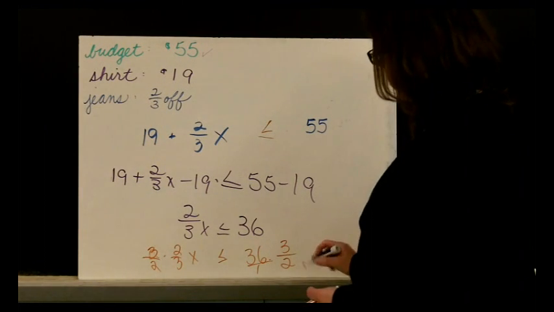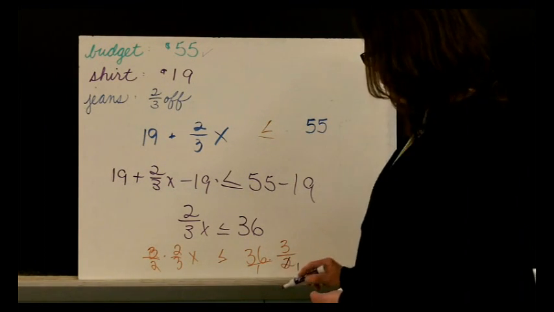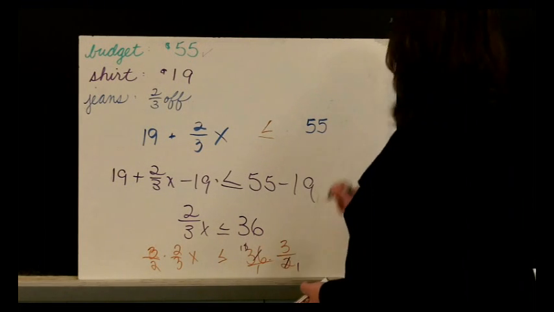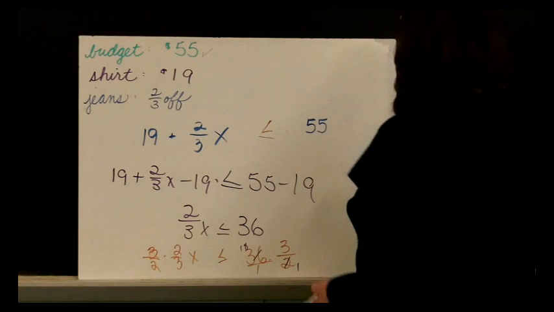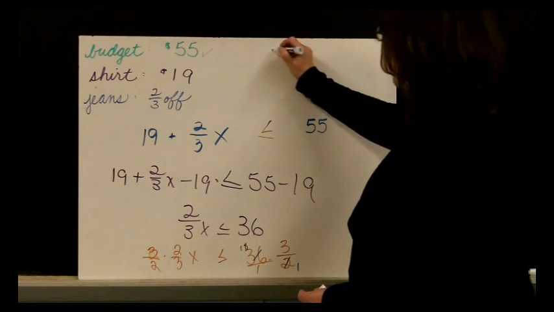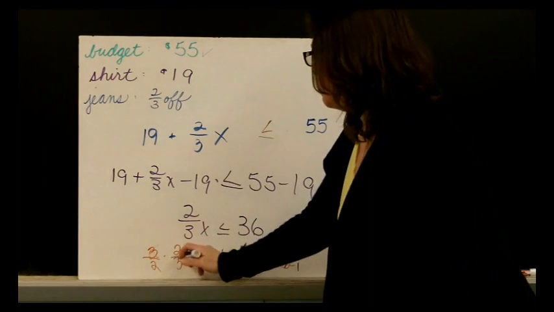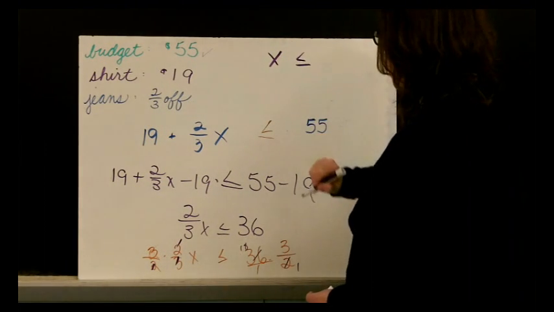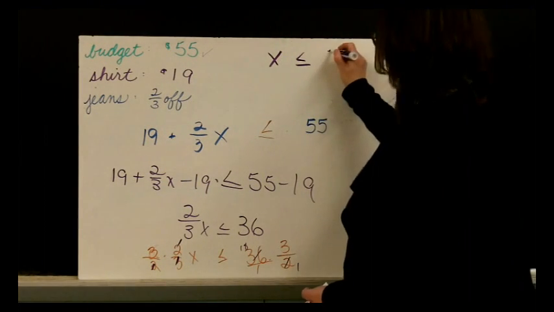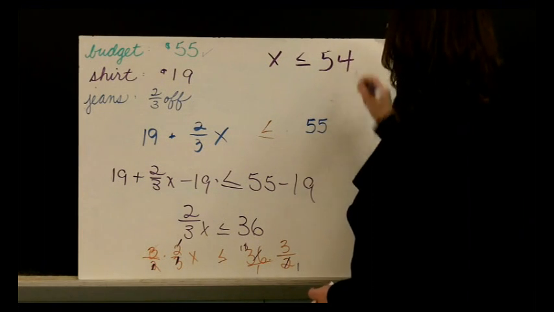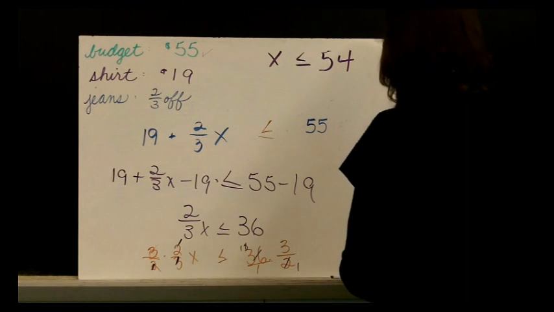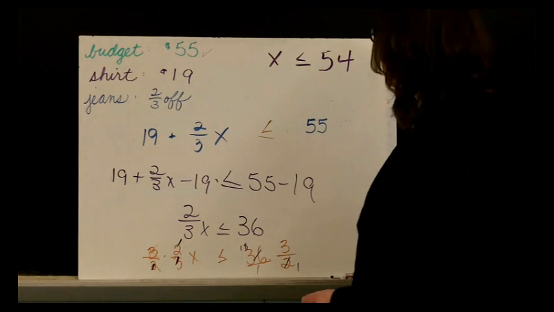Then we'll cross simplify. 2 goes into itself once. 2 goes into 36 18 times, giving us, after we do our cross simplifying, x is less than or equal to $54. So if you pick up a pair of jeans that originally cost $54, they'll only cost you $18. Not bad.